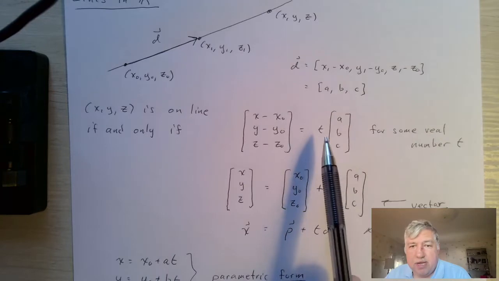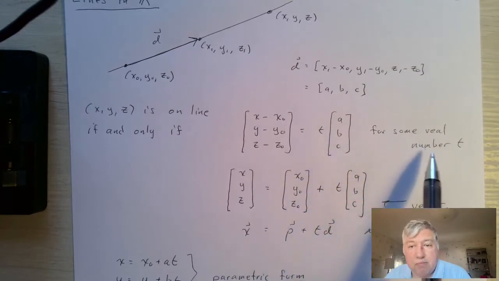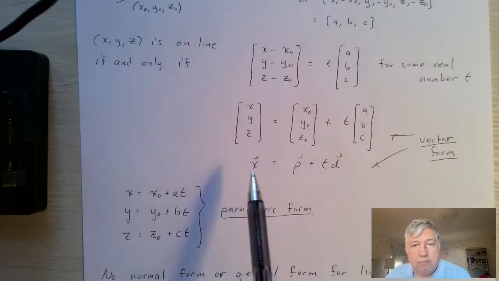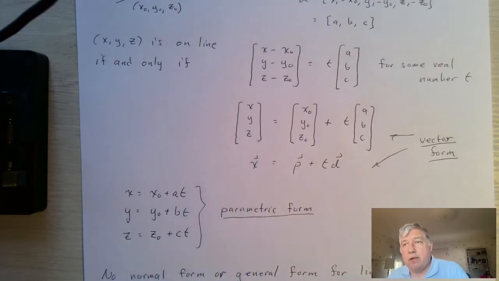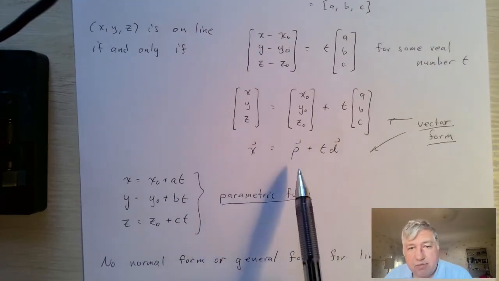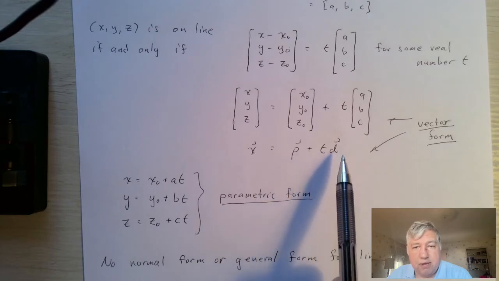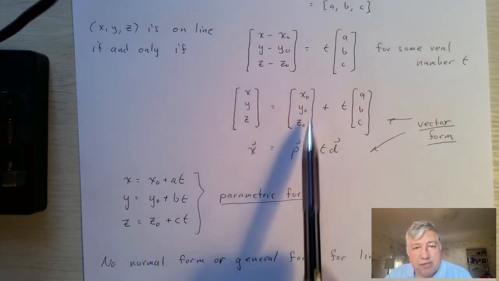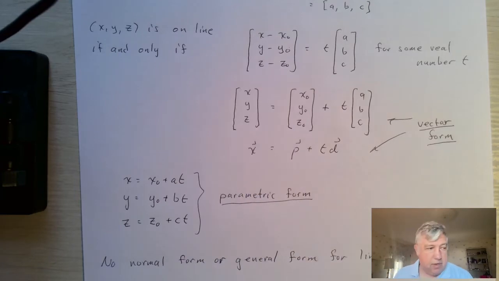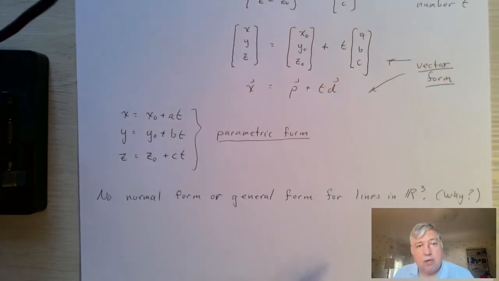So it's equal to t times a, b, c for some real number t. We can break this up and put it in this form, right? And so we have x is equal to p plus td, where again x is this vector and p is this vector.